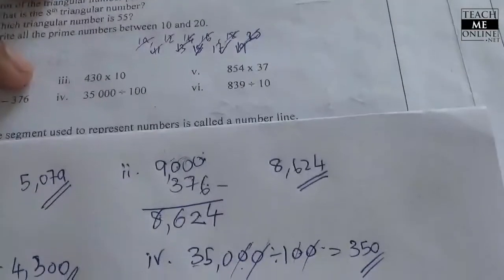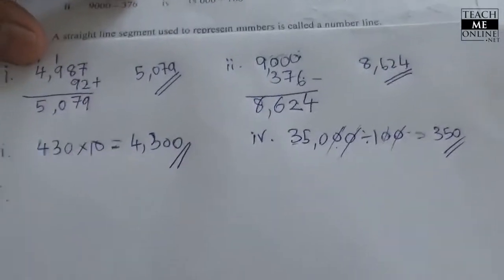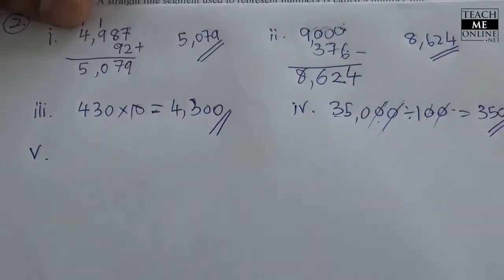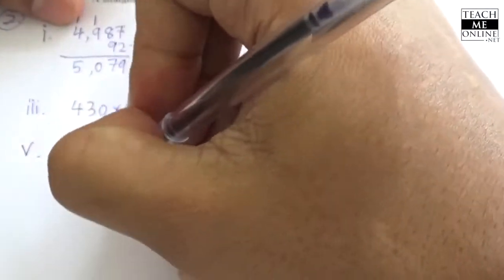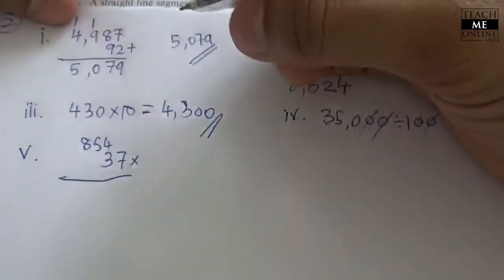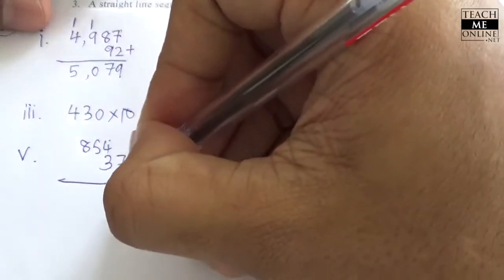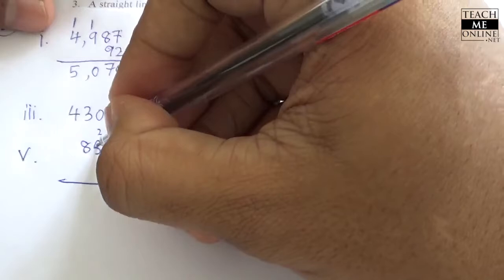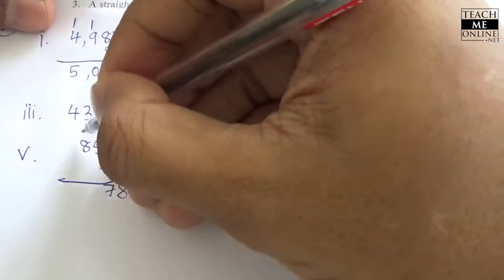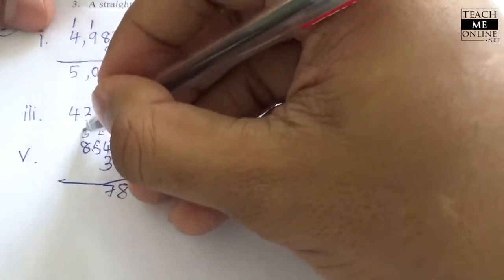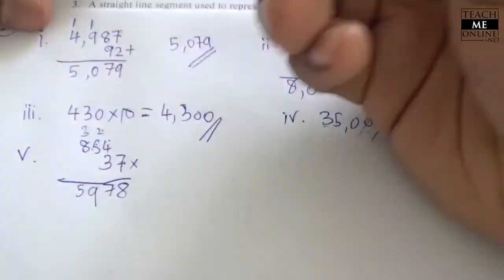Part 5. The question is 854 multiplied by 37. It's a bit harder. So write it like this. Then we multiply. 7 times 4, 28, 2 remainder. 7 times 5, 35 plus 2, 37, 3 remainder. 7 times 8, 56 plus 3, 59.